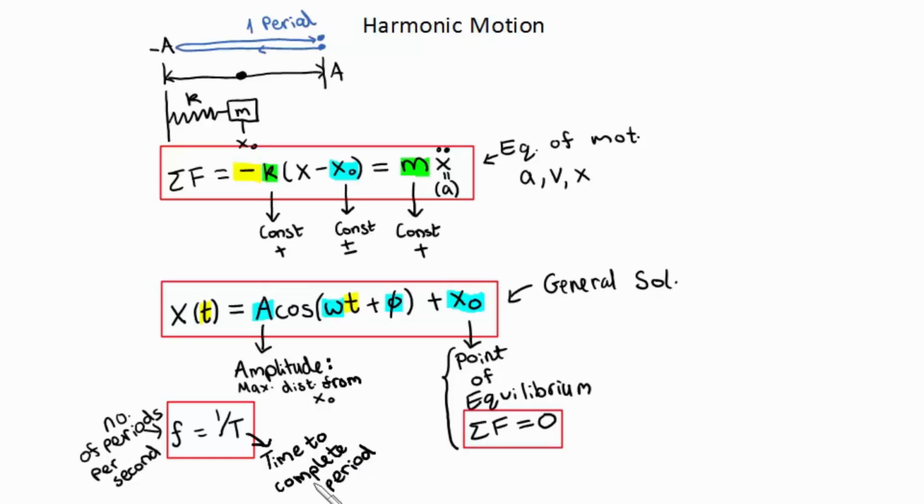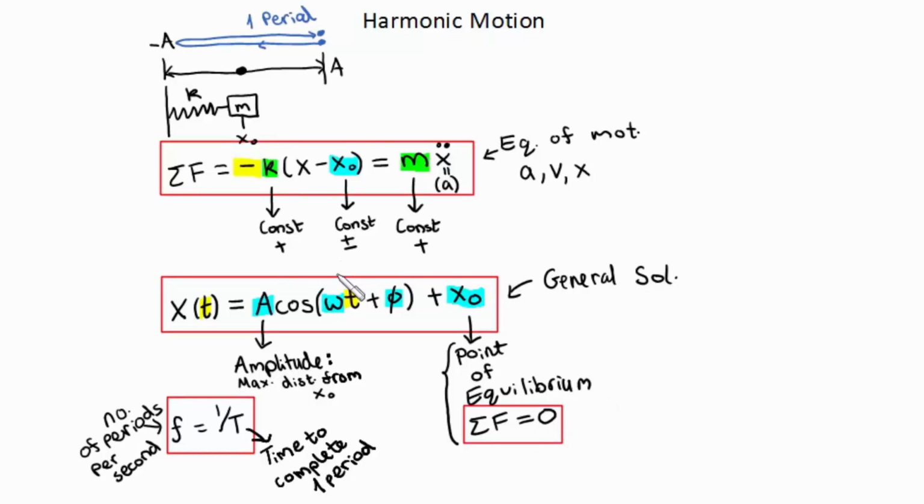So 1 period. Now the next thing that we have is omega. So I'll write this up here. Our omega is equal to 2 pi f, where f is our frequency over here.